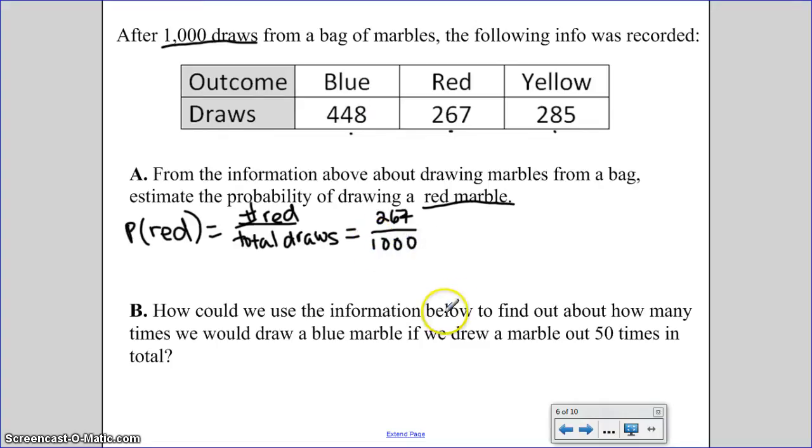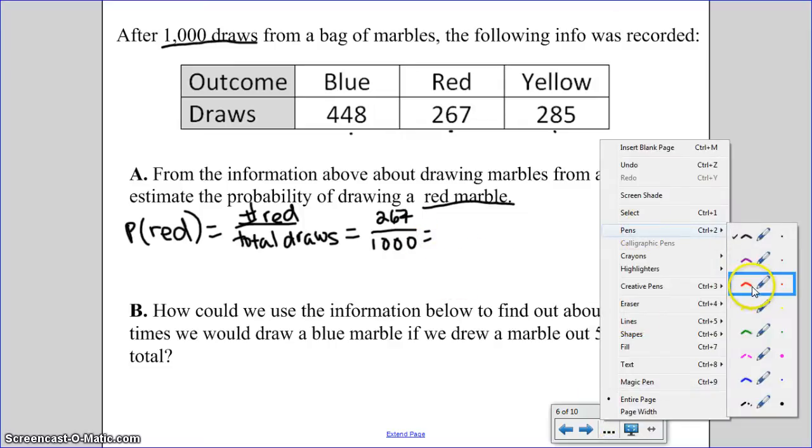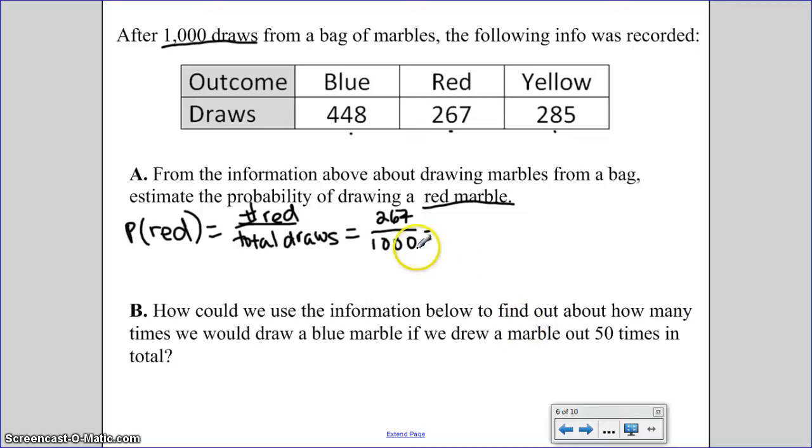Okay? Now, if I want a probability, yes, I can leave it like this, but that's not very helpful. So really I want a percentage or a very simplified fraction. I know that I can get my percent by having the denominator be 100. That's what a percent is. So if I move my decimal place over once in the bottom, that gets me to 100 in the bottom.